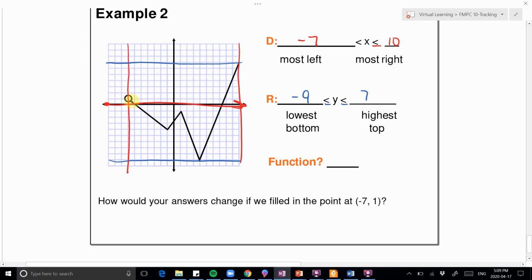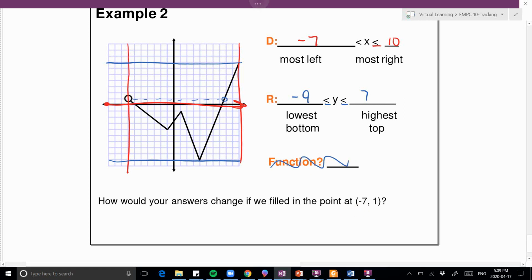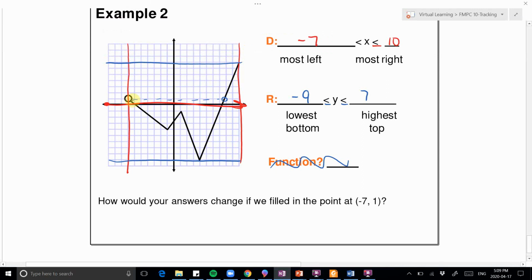So even though this open point is here, because if I trace along, we see that it does hit at some point, we don't have to include it in our data set, right? If there was no other point there, we would need to make that exception. What if we filled in the point? Hold on, I'll change color so we can see this. What if I filled in this point?